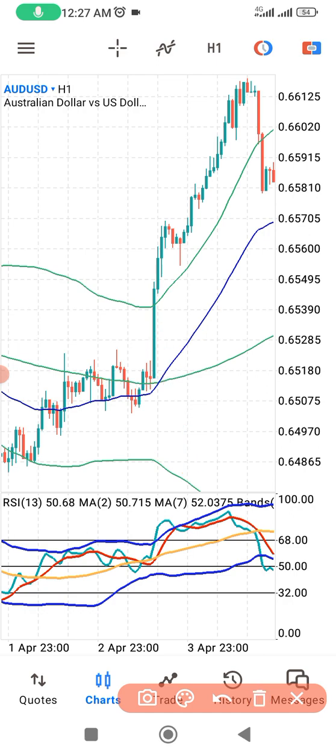Then our second confirmation of the trend is we want to see the price above the 50 EMA. So price should be above the 50 moving average. All right, now we have established the trend.